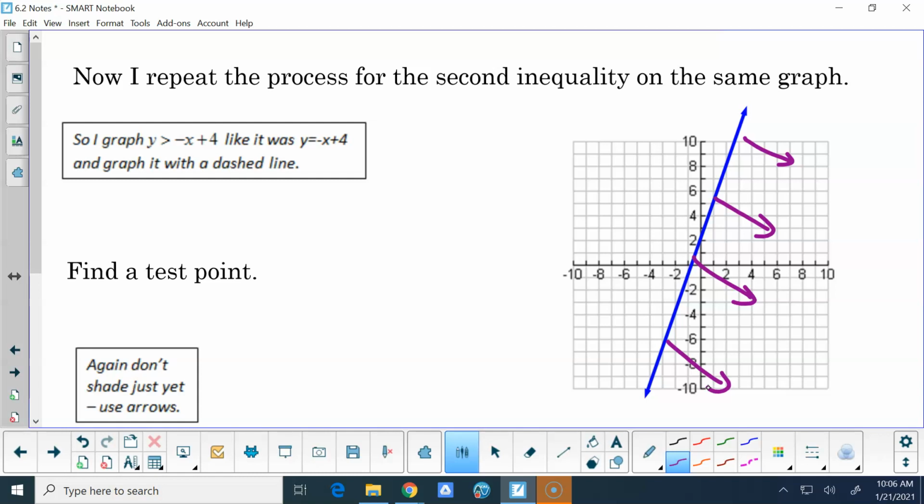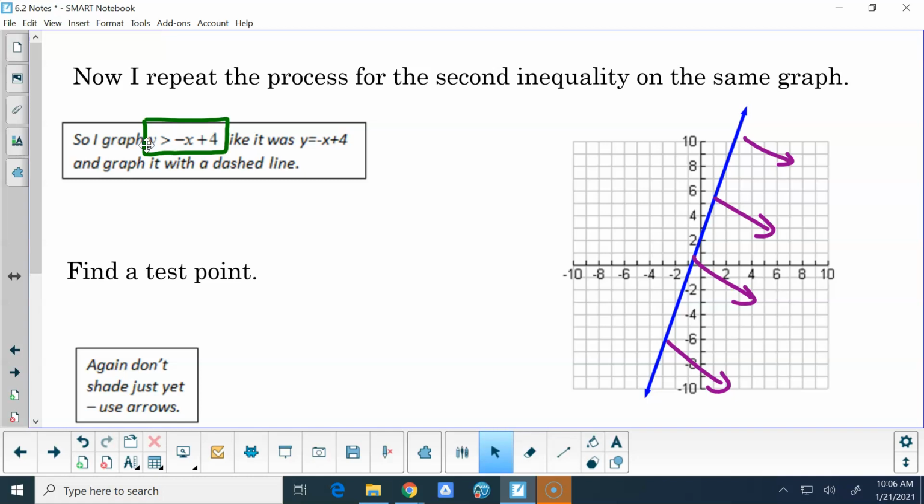Now, we're going to repeat the process, but this time, we're going to graph our other inequality. Okay? So I'm going to treat that one like an equality. So I'm going to graph the line y equals negative x plus 4, except I'm going to graph it this time with a dashed line because it's just a greater than symbol.